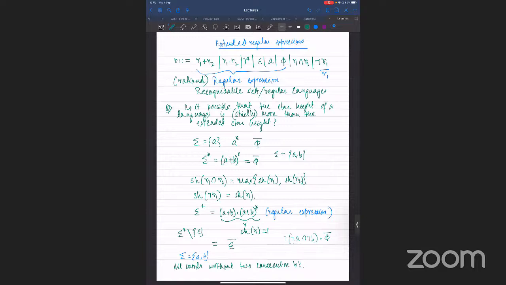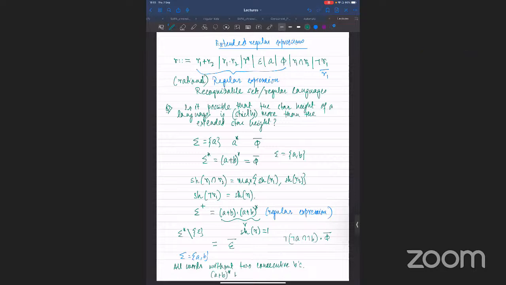As you see, we are using the power of the complement to reduce the star height. In order to consider words without two consecutive Bs, you can think of words which have two consecutive Bs and take the complement of that. So how do you write words which have two consecutive Bs? (A plus B) whole star, BB, (A plus B) whole star.